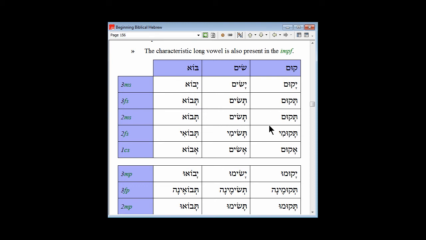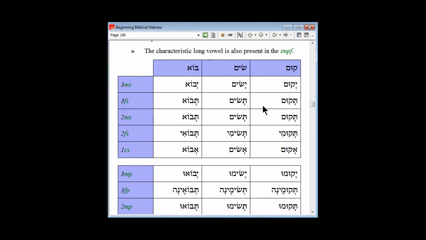Now, if you look at these forms, in the imperfect, the patterns are consistent. We've got a prefix, right? Same set of prefixes before each lemma type. So the prefixes of the imperfect are not going to change. They're always the same. What changes is the second vowel situation.